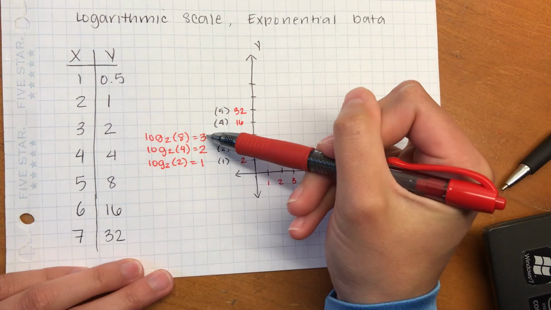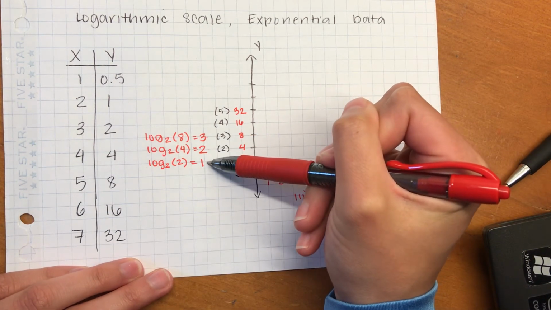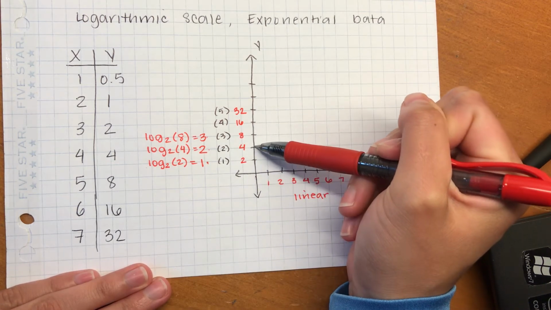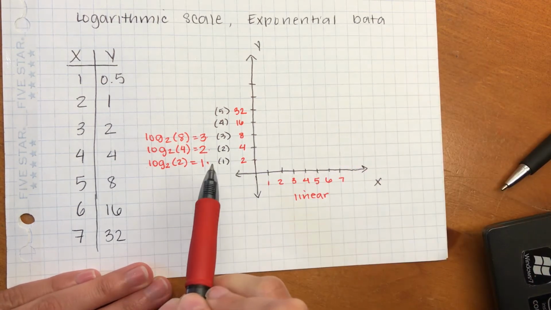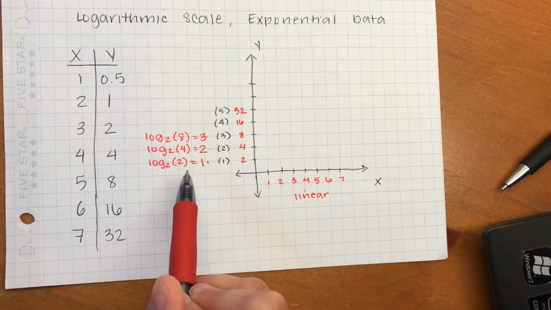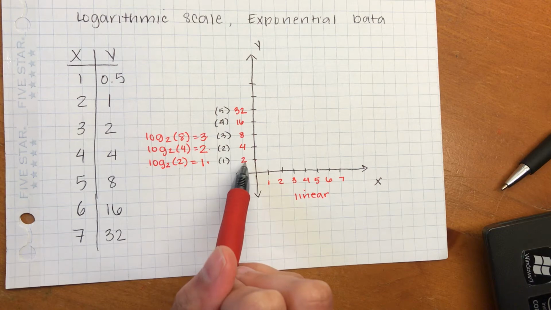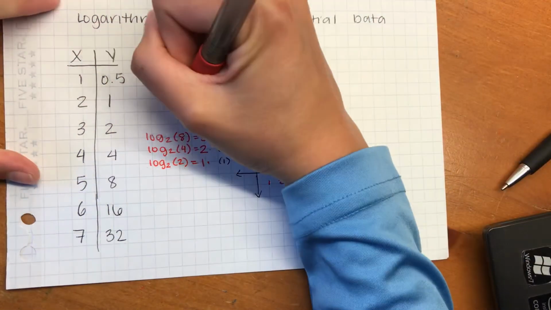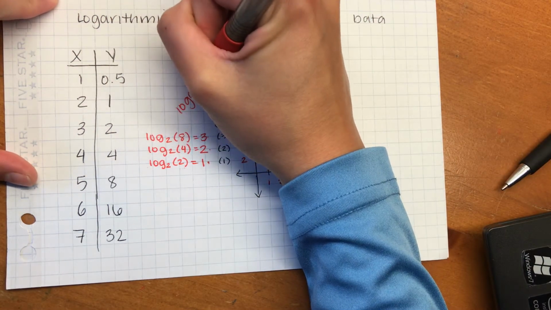So whatever the value I got as my logarithm value, that's the tick mark that I'm placing my value at. So the values that I'm using are 2, 4, 8, 16, 32. This is going to be my logarithmic scale.